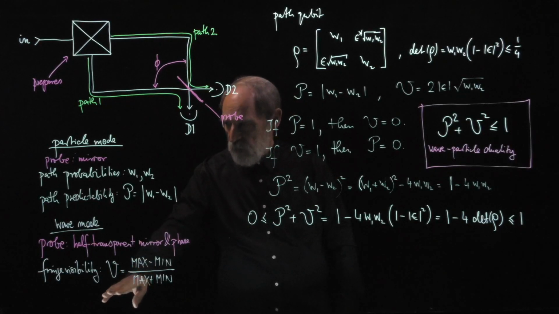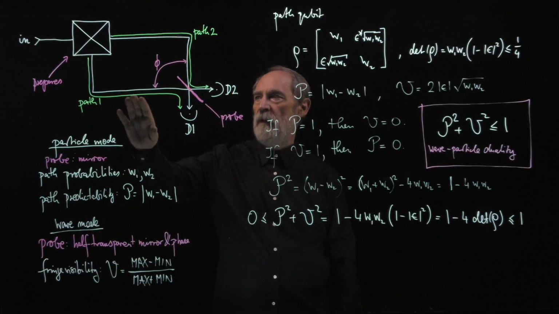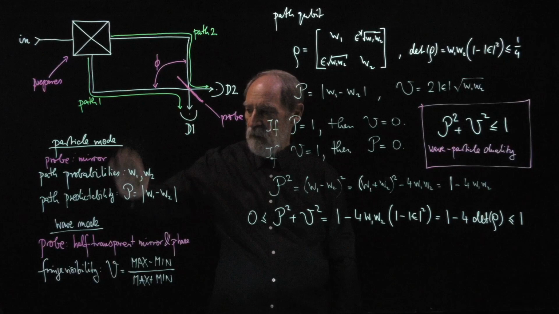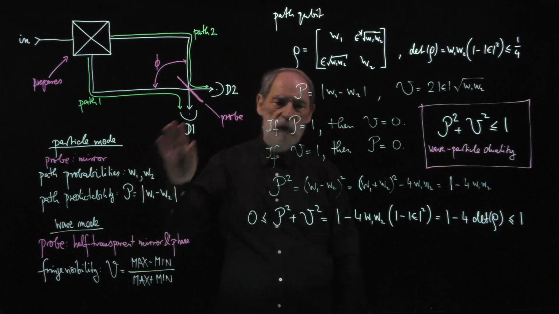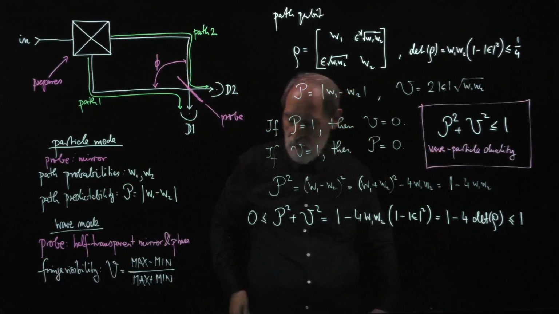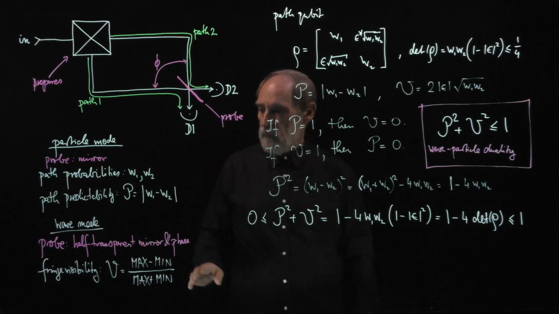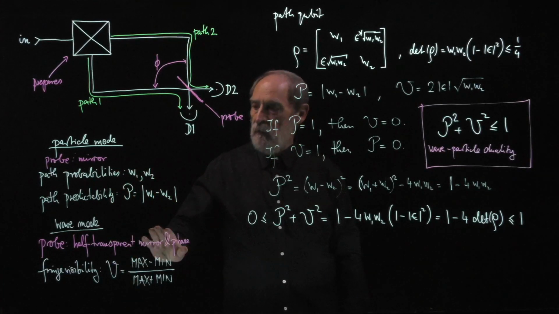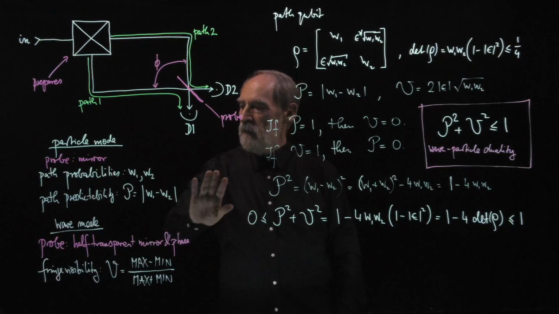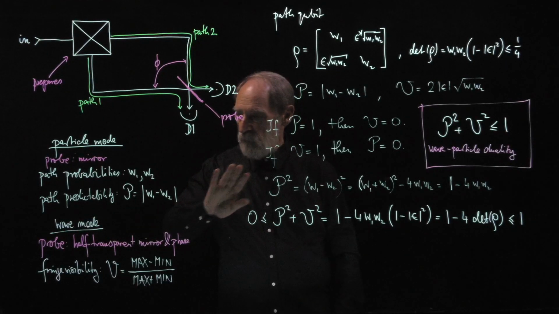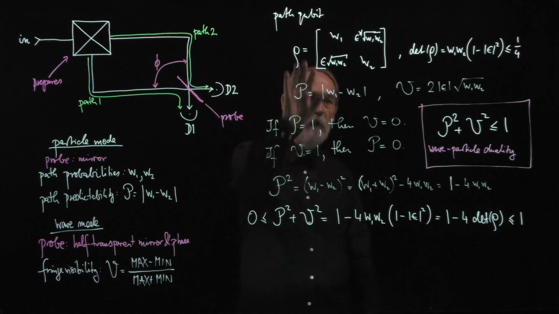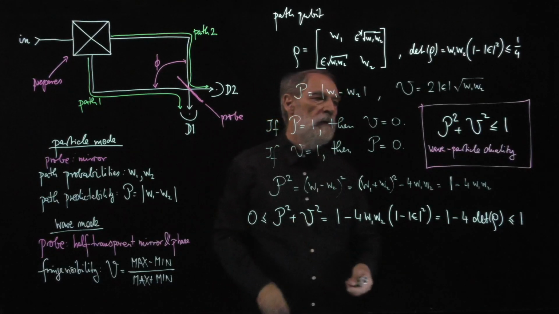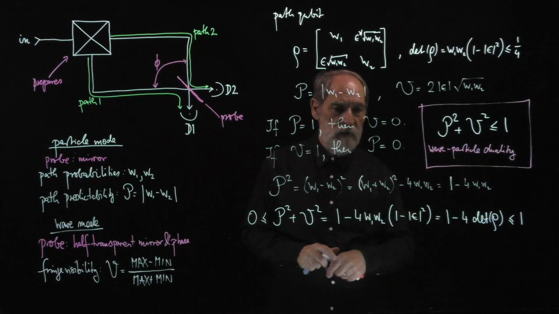The fringe visibility we determine by operating the interferometer in wave mode, again, with no reference to the quantum mechanical formalism. So the values of P and V are established by a certain operational procedure, by a certain way of doing experiments. Now quantum mechanics tells us that P² + V² must not exceed 1.